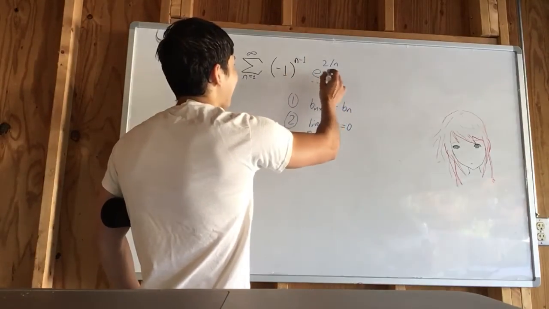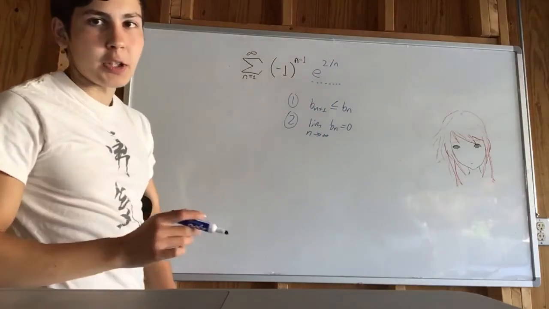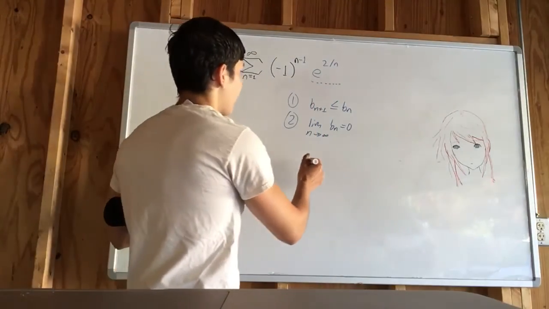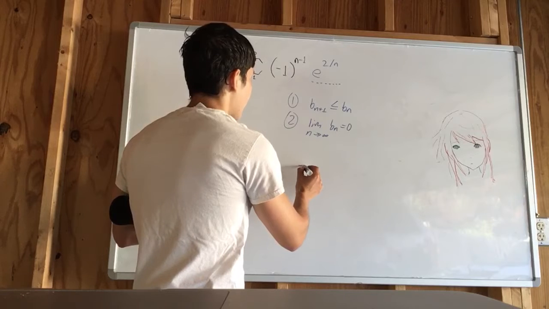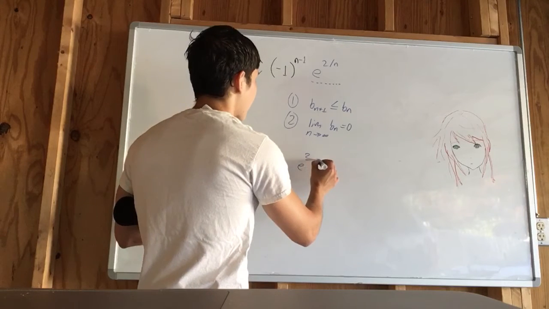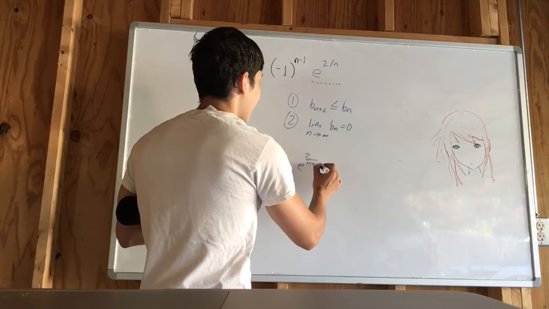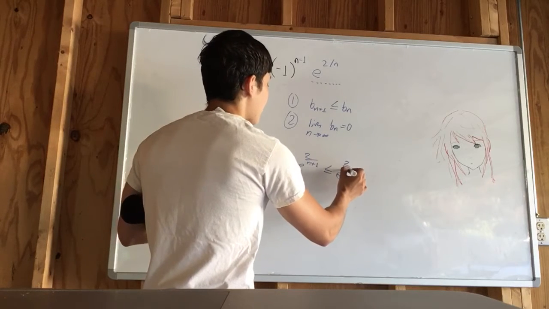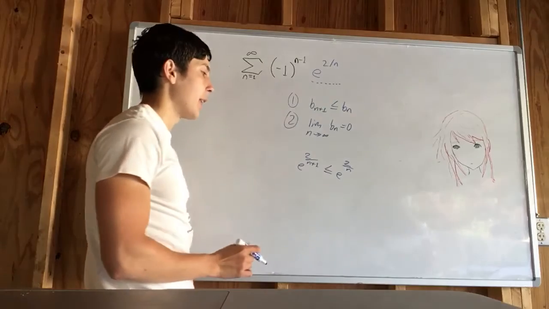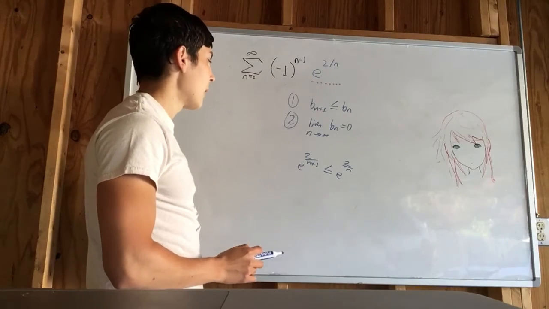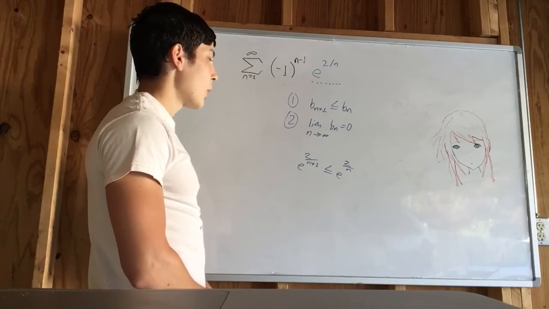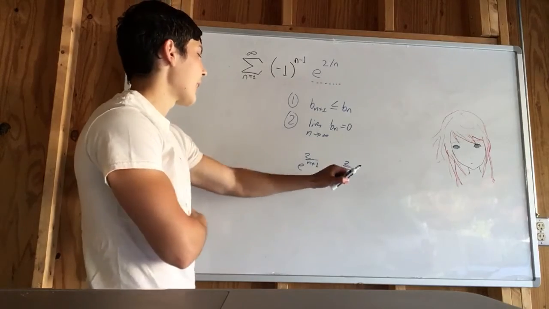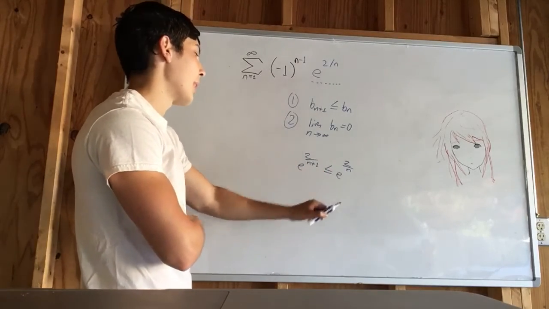B sub n is just the part without the alternating. So we would have e to the 2 over n plus 1. Is that less than or equal to e with 2 over n as an exponent? So yes, this would be less than or equal to that because we would have a larger denominator.